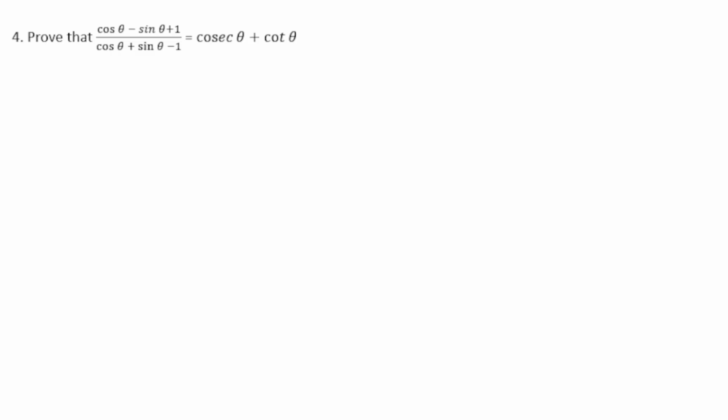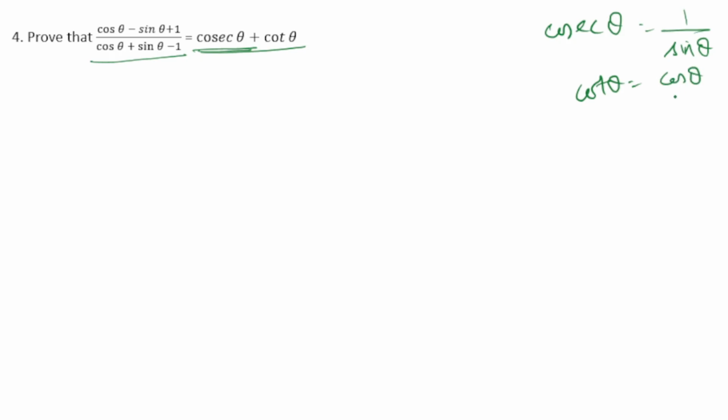Next one, prove that cos theta minus sin theta plus 1 divided by cos theta plus sin theta minus 1 is equal to cosecant theta plus cot theta. See here in the right hand side we have cosecant theta and cot theta. What is cosecant theta? Cosecant theta is inverse of sin theta. And what is cot theta? Cot theta is cos theta divided by sin theta.